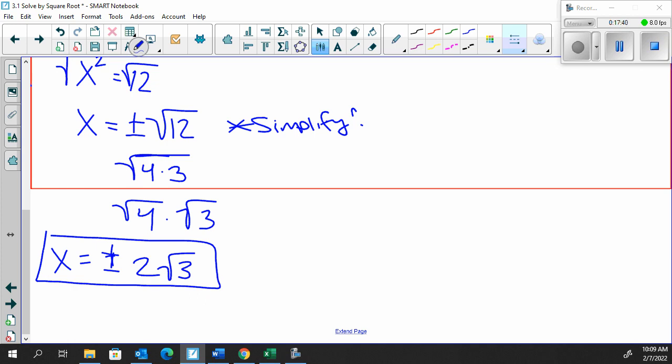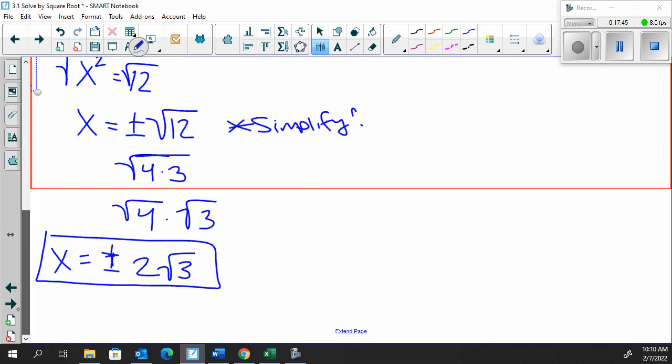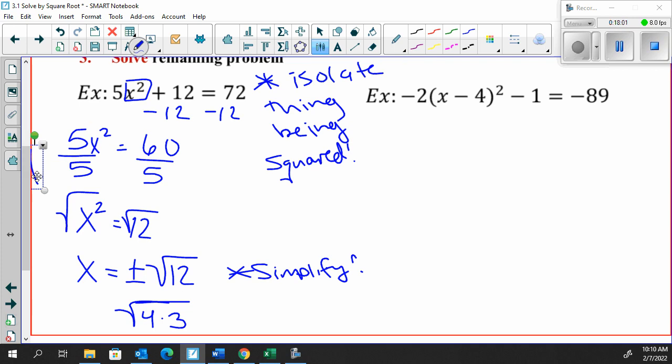Let's do one more, and then I'll turn you loose. Ready? All right. Let's do this one, and then you guys will be on your own. So again, first thing we want to do is get the thing that's being squared alone.